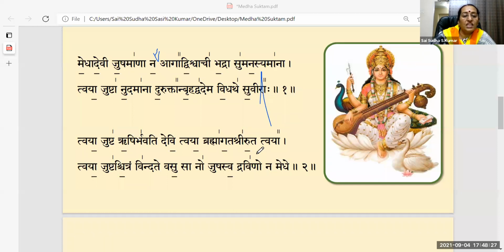It is not Jushta Chitram. Chitram. Vindate Vasusano Jushaswa Dravinona Medhe. Again, Jushaswa Dravino. That slight stress has to come because it is a Samyukta Akshara.